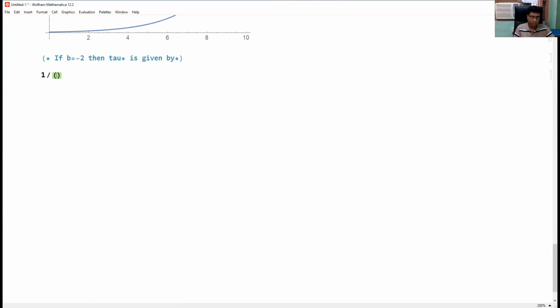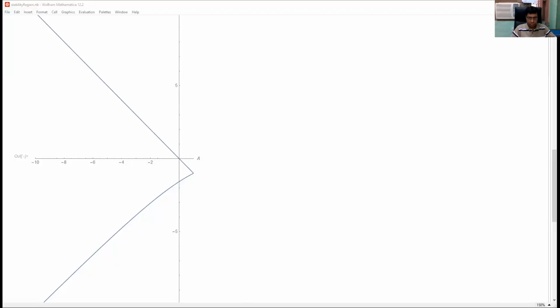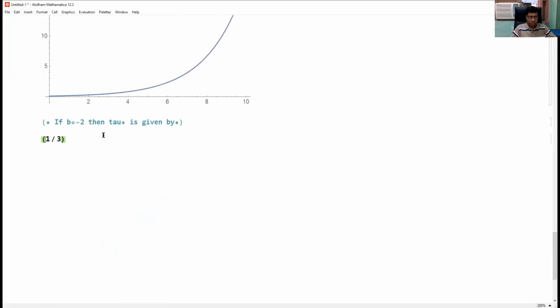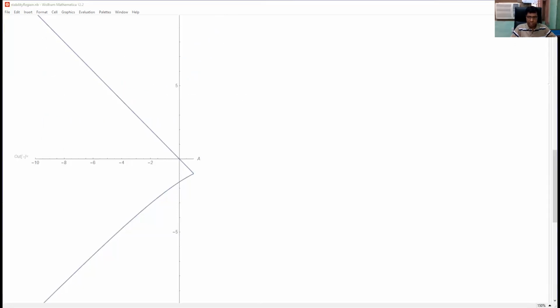B square is 4. 4 minus 1, so it is 1 by 3. So this is 1 upon square root b square minus 1. Now cos inverse minus 1 upon b.